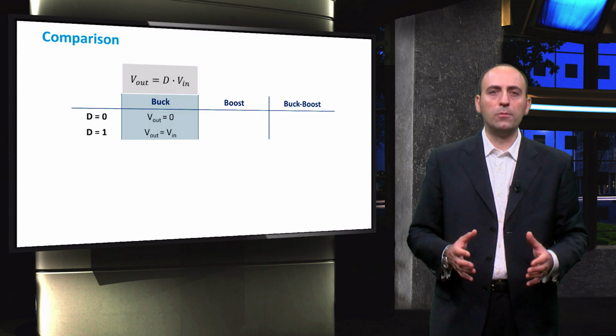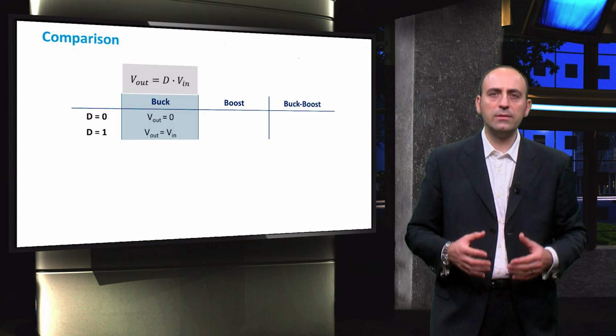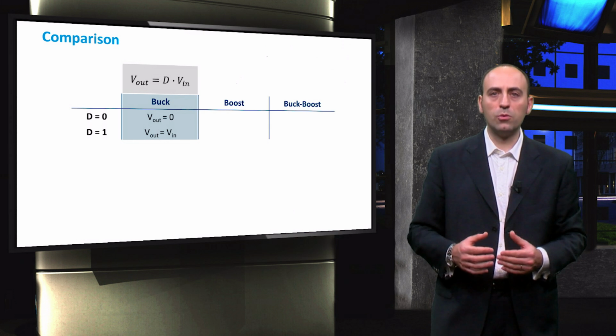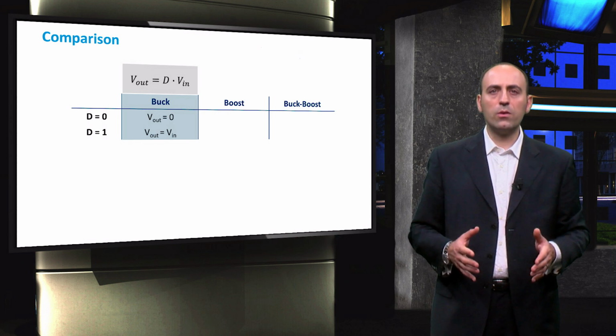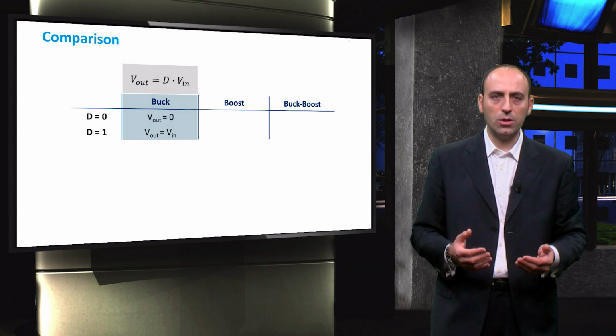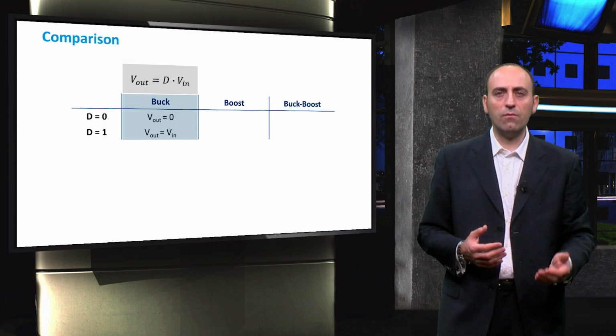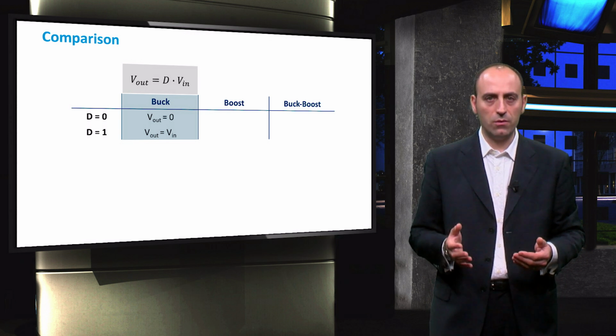Now, just to wrap up the main concepts of the three topologies seen, we will compare them firstly according to the output voltage and then according to the input voltage. When we consider the output voltage as a function of the input voltage, we have that in case of buck converter for D equal to 0, also the output voltage is 0.